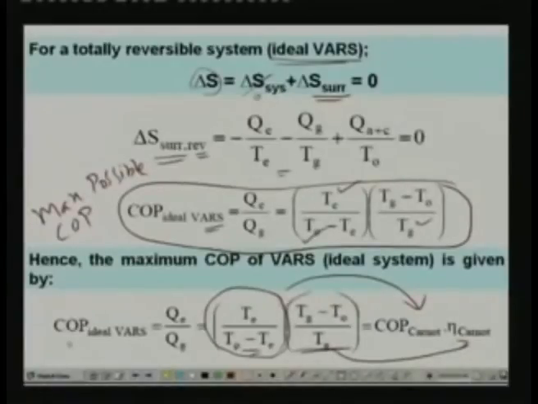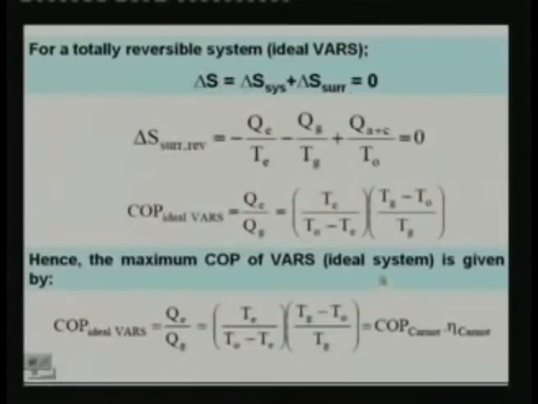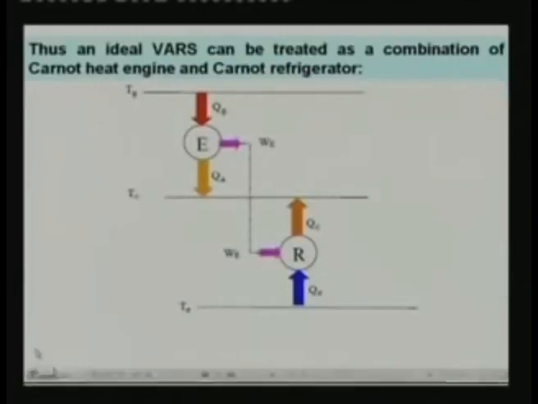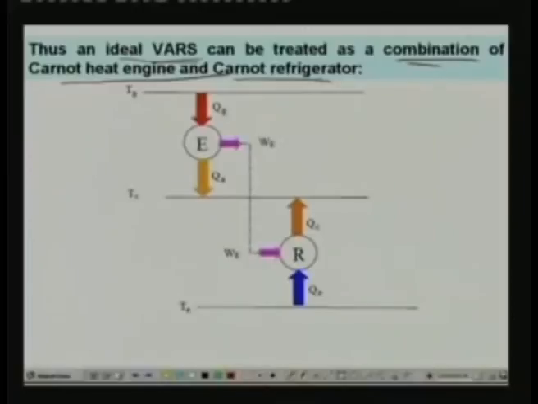So ultimately the COP of an ideal vapor absorption system is shown to be a product of Carnot COP and Carnot heat engine efficiency. That means you can show an ideal vapor absorption system as a combination of a Carnot heat engine and a Carnot refrigerator. So what you are doing is, this is the generator.